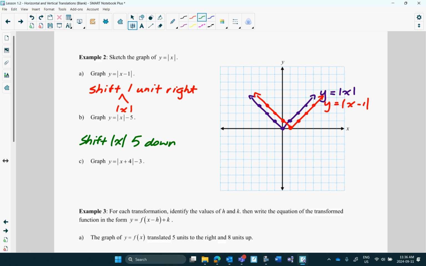So going back to the purple one, take each one and go 5 down. And that's going to look something like this. And that's y equals absolute value of x minus 5.